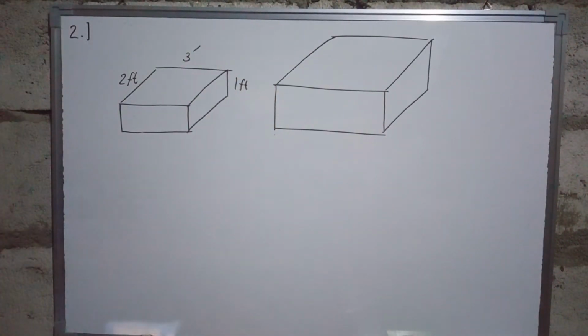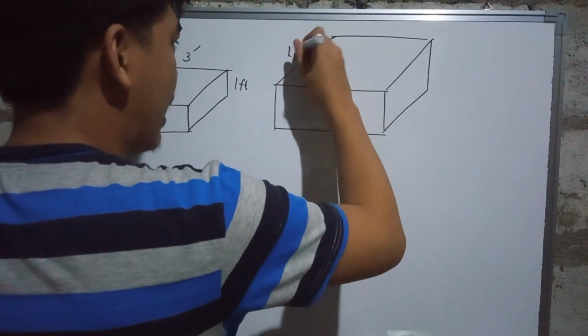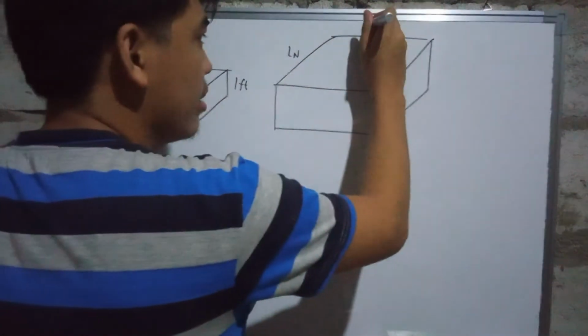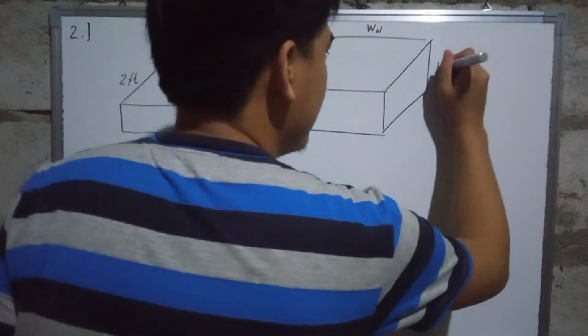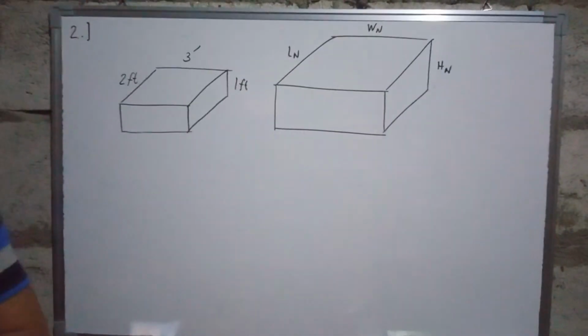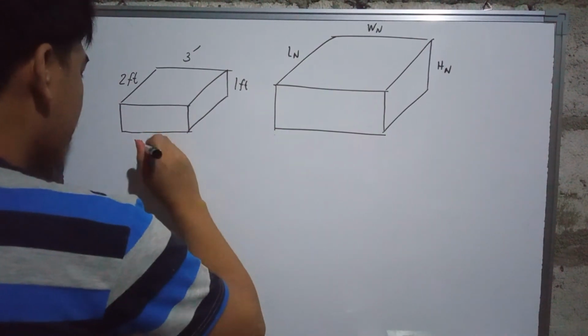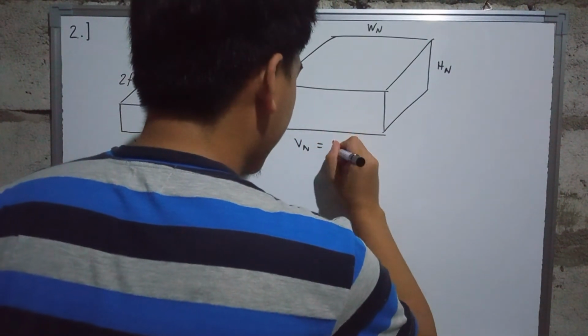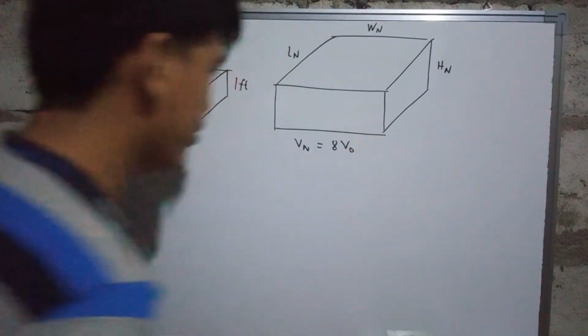Ngayon, tinatanong dito is, what is the value of the new box? Yung mga dimensions niya. Let's denote that as L sub n, W sub n, at saka H sub n. So, meron silang sinabi na similarities or yung statement na which can hold 8 times as much. So, kung ito yung volume original natin, the volume of our new packing box will be 8 multiplied by the volume original.